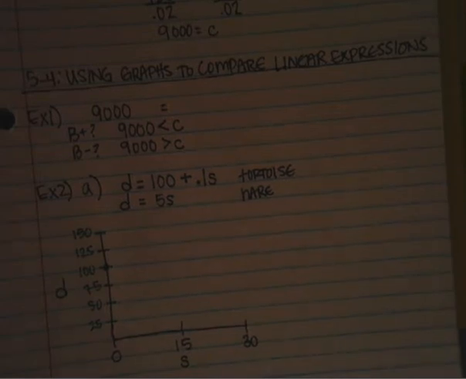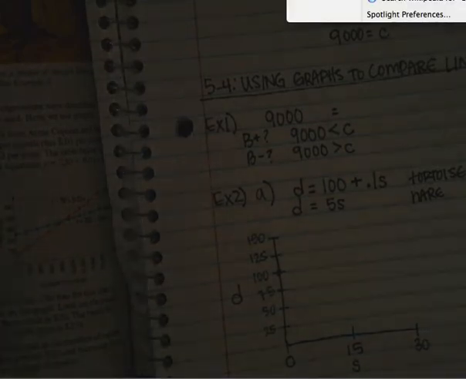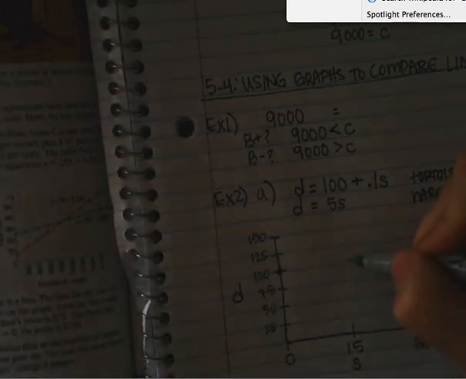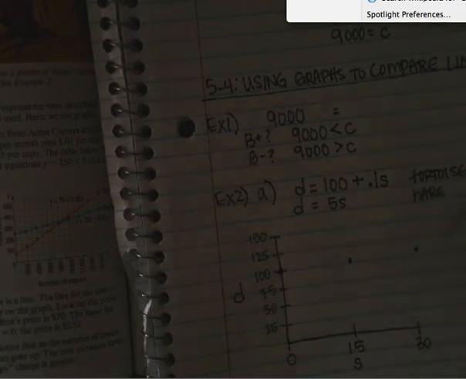At 15, all right, so we'll have to type this in our calculator. Oh, I guess we won't really have to type it in our calculator. How much have we gone after 15 seconds? 101.5. And after 30 seconds, 103. Okay, so that's the tortoise.